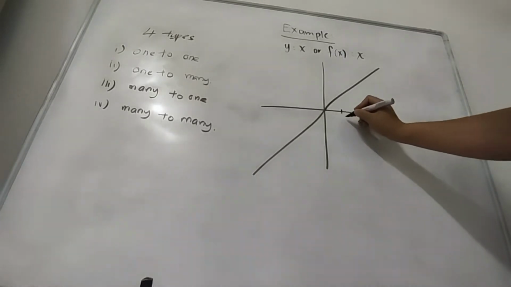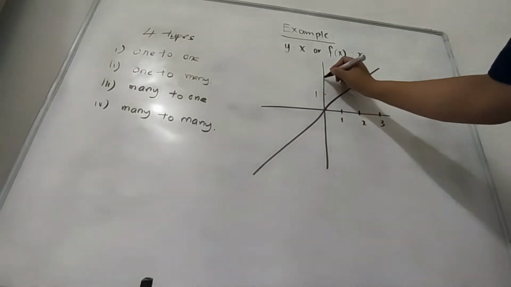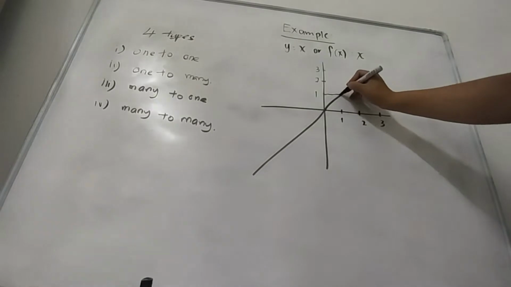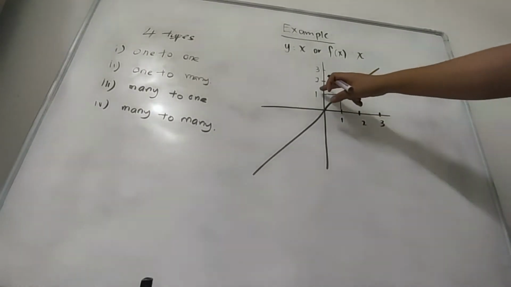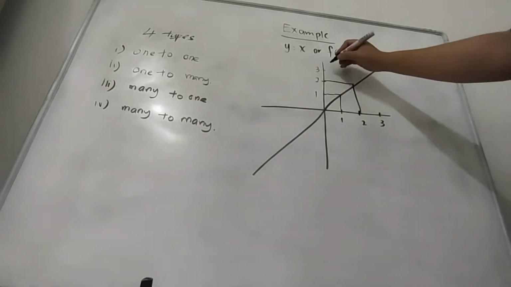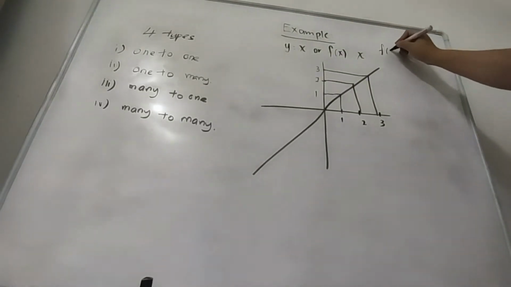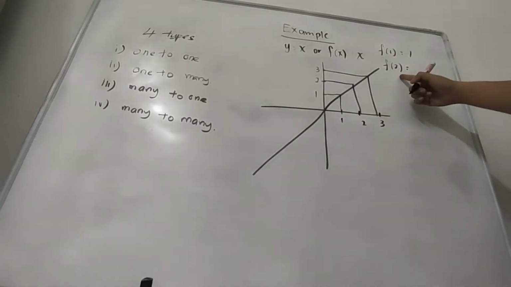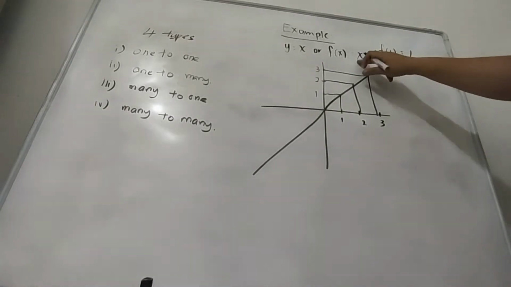So you have 1, 2, 3, here also 1, 2, 3. So each of the domain, or we call it the x value, corresponds to a y value. So if you have 2, then you get 2, and 3, 3. That means f(2) equals 2 for this function.